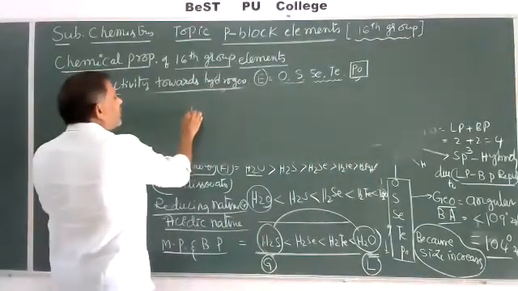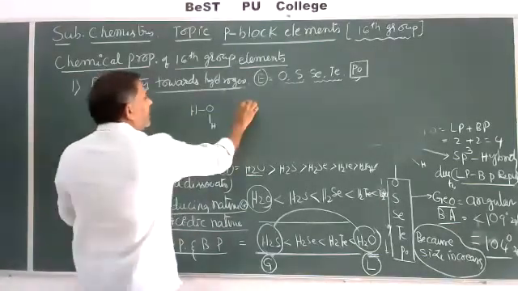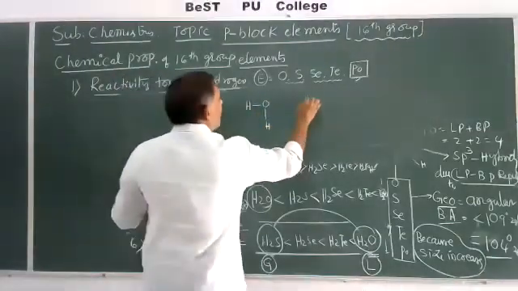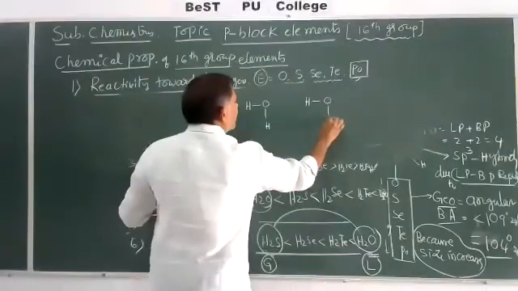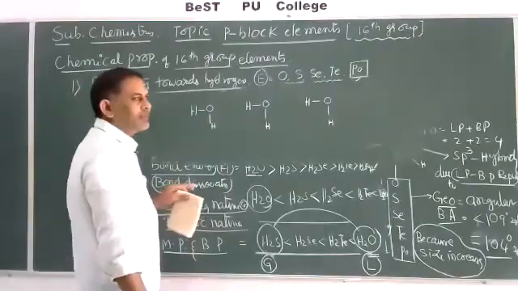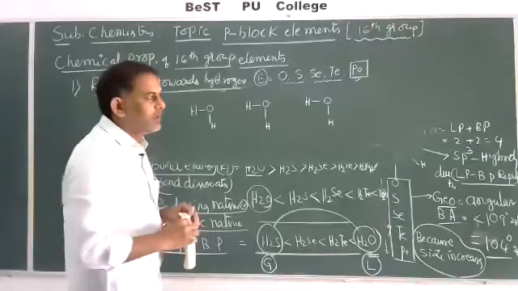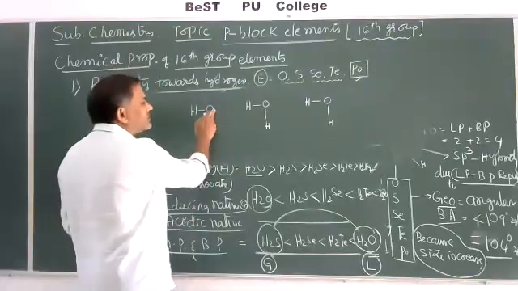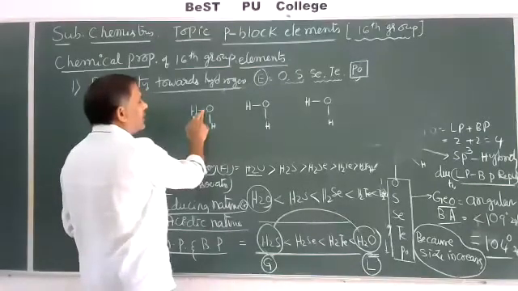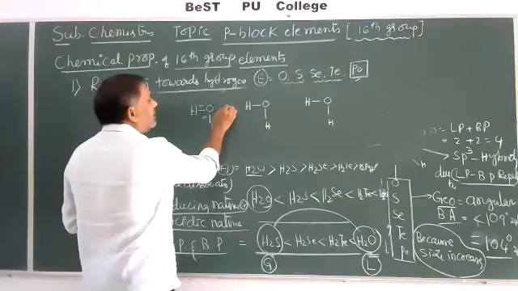Here we take a water molecule H2O, another water molecule, and another water molecule. In first PUC, 11th standard, we explained the structure of water, in the liquid state as well as in the solid state. In the liquid state, around one oxygen atom, three bonds are present: two are sigma covalent bonds and one is with a dotted line.